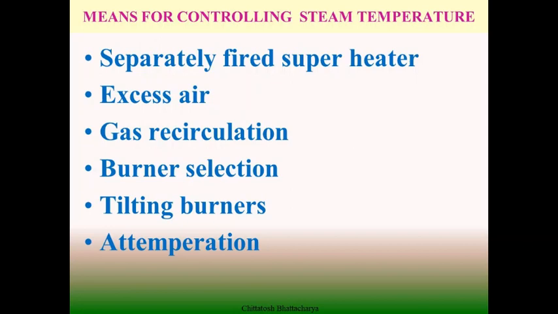This steam temperature control may be done by separately fired superheaters or regulating the excess air, or some of the units have flue gas recirculation from the air preheater outlet. Sometimes we specify selective burner operation, so that by using the upper burners we can give more heat absorption in the superheaters, or using the lower elevation burners, we can improve the heat absorption in the water walls.